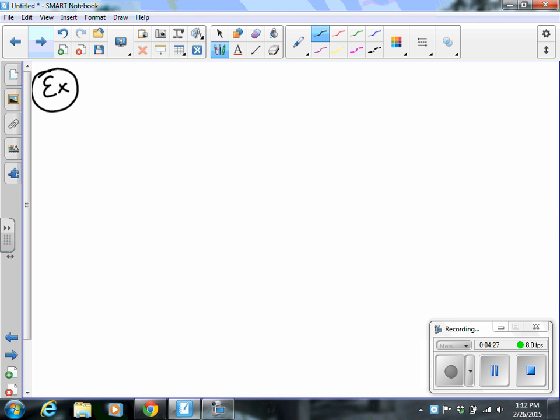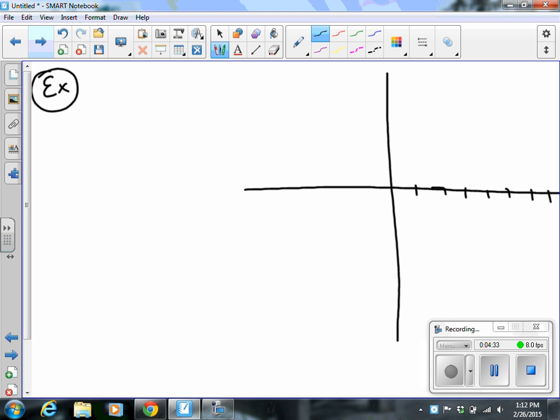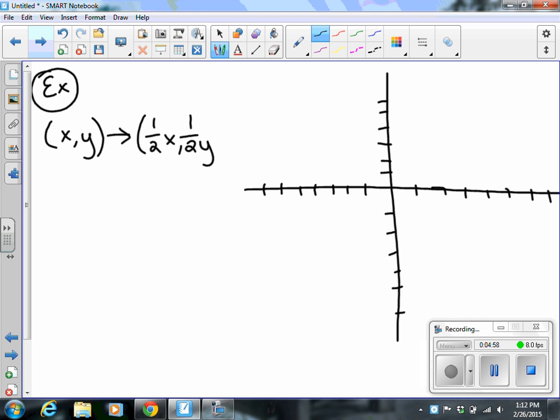So for you guys, you're going to have a dilation and you guys are going to actually give me the coordinates of A prime, B prime, and C prime. So A is going to be at (-2, -2).